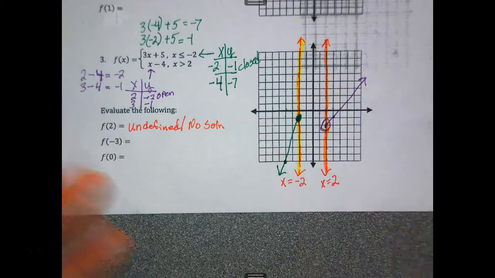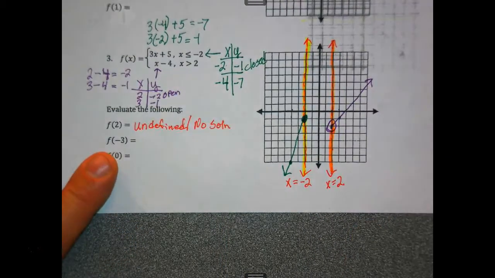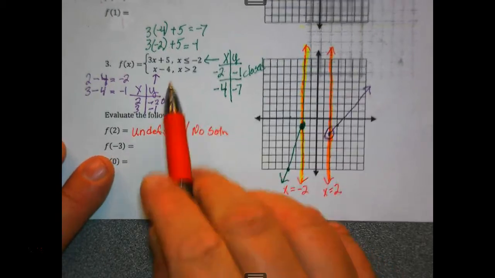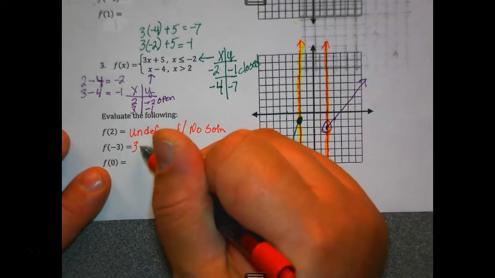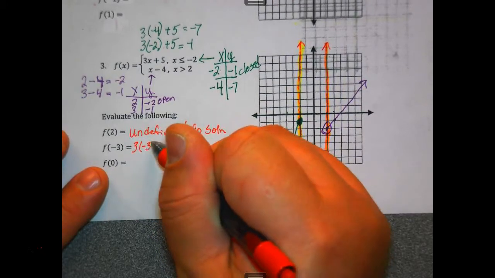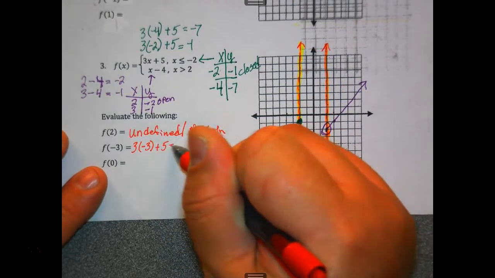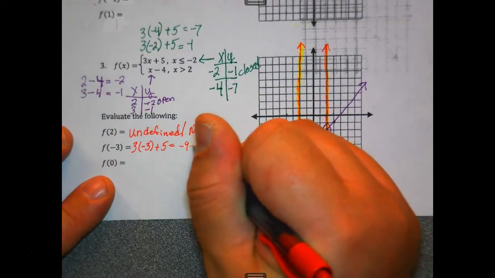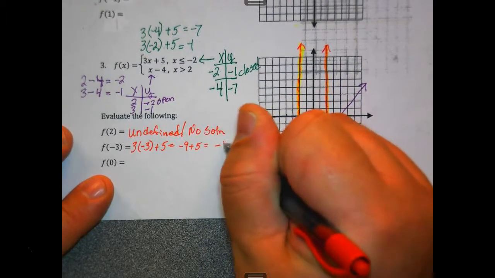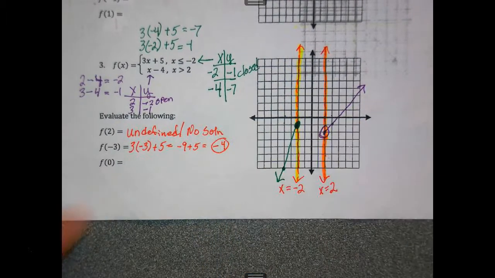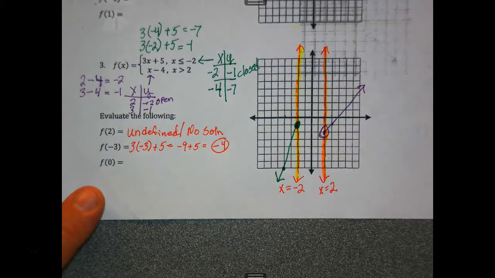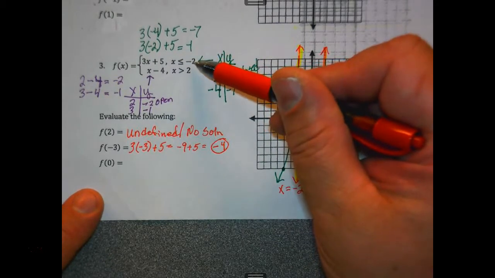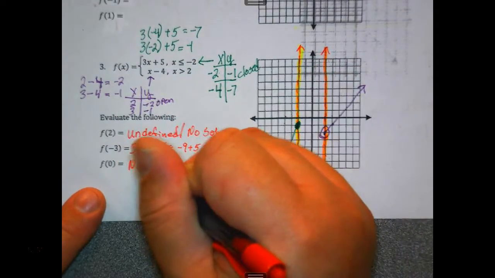How about the f of -3? Top one. So 3 times -3 plus 5, -9 plus 5, which is -4. How about the f of 0? Is 0 less than or equal to -2? It's undefined, no solution, whatever you want to use.